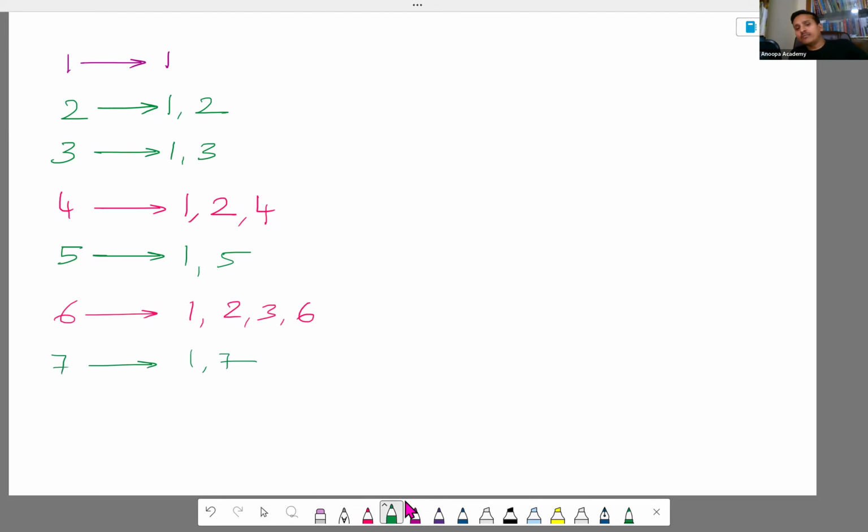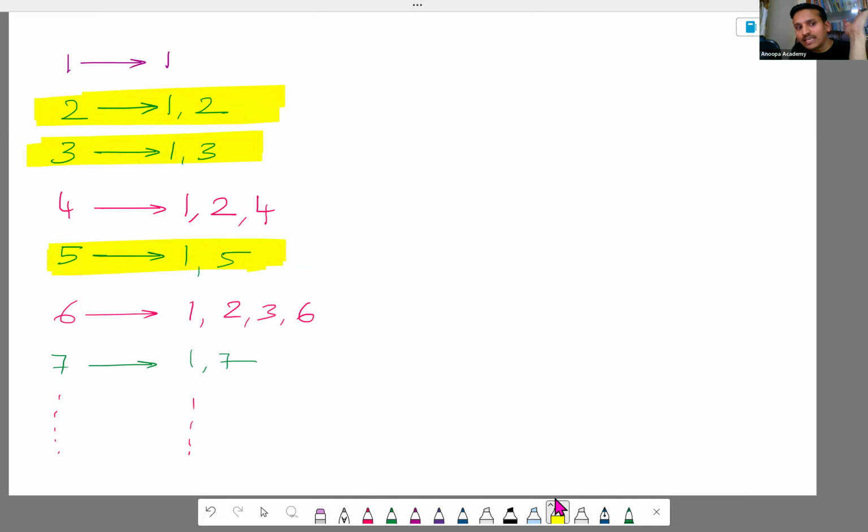See, I can keep going with other numbers, but I'll stop here. Now, if you look at the number 2, how many factors are there? Exactly 2 factors. If you look at the number 3, exactly 2 factors. If you look at the number 5, exactly 2 factors.